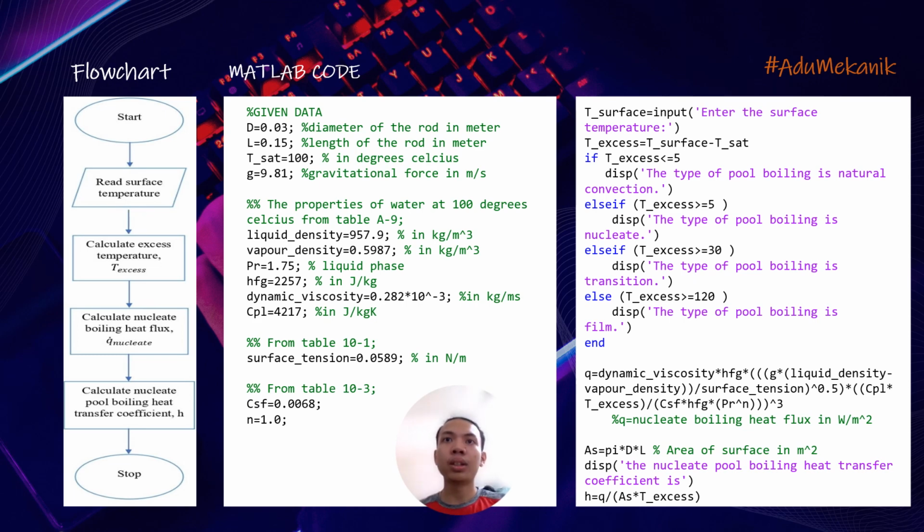And then after determining the type of boiling, we make a new variable to find our nucleate boiling heat flux. So we put in the formula for it first, and after that we proceed to the new formula to find the heat transfer coefficient, and then we run it, and then we go to the next slide.